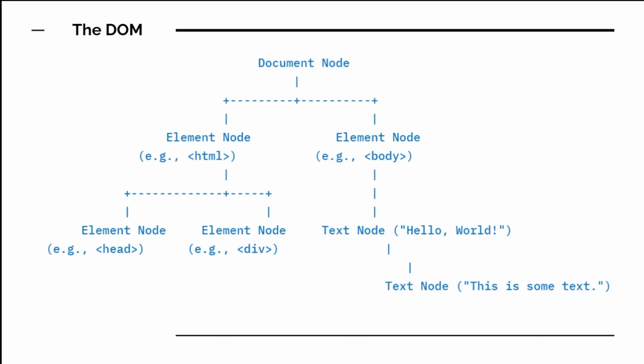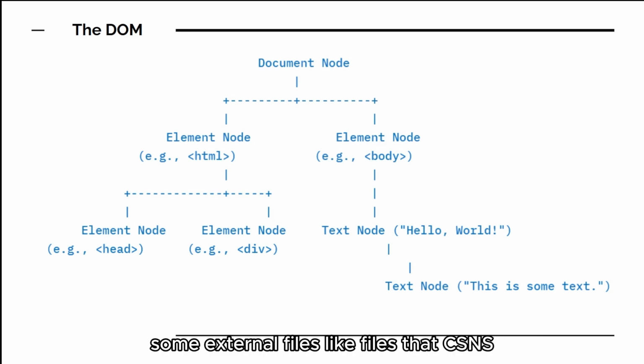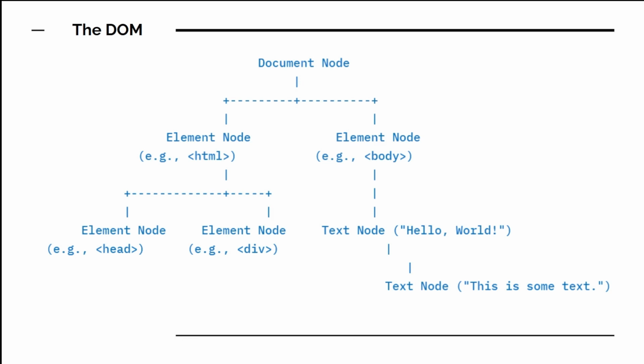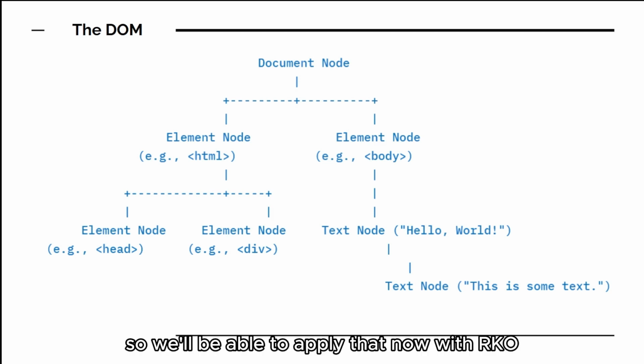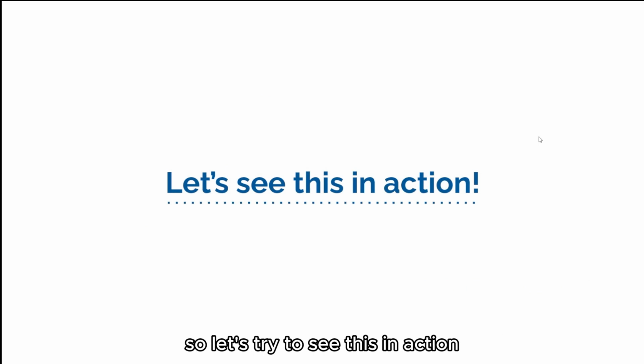The head would have all the metadata of our website, or maybe some links to external files like styles.css. Or we could have the body, where it will have specific element nodes or text nodes like hello world, and maybe another text node like this is some text. So we'll be able to apply that now with our code. Let's try to see this in action.